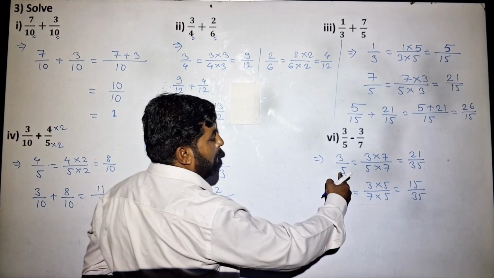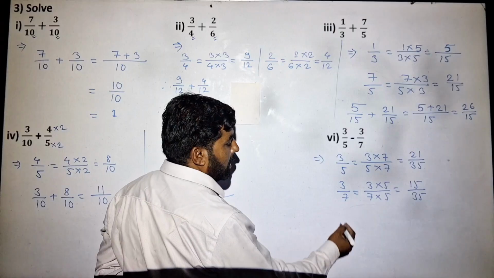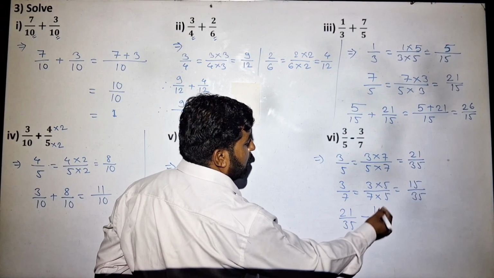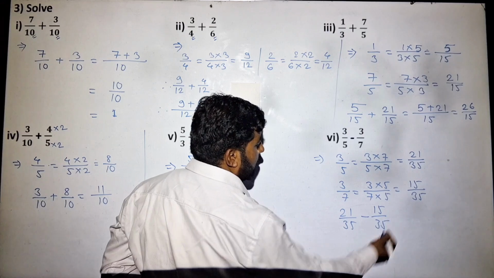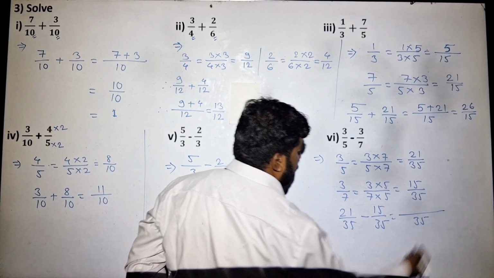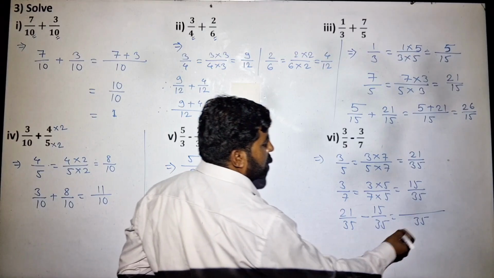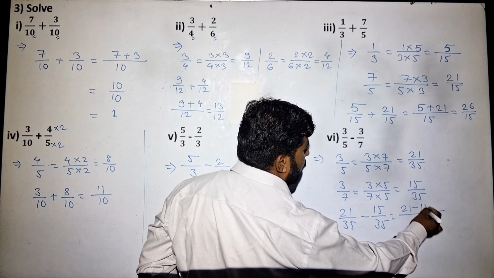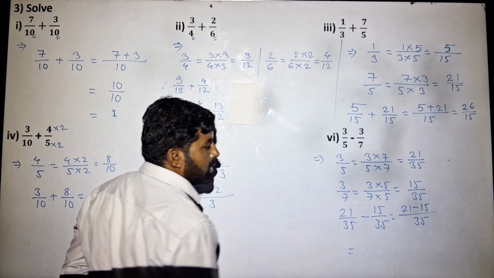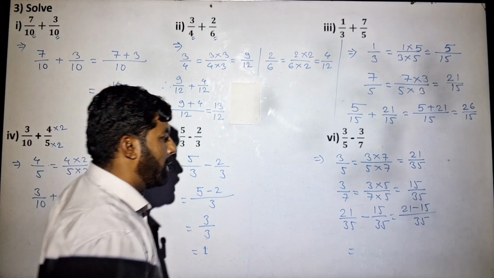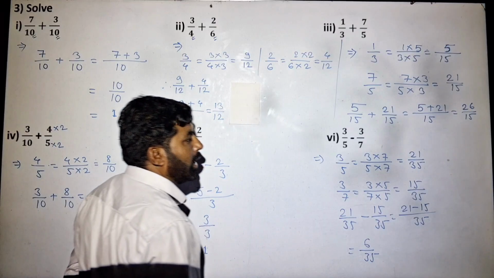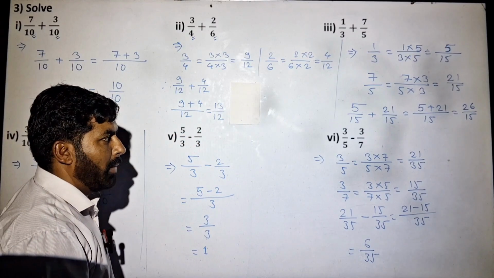Therefore, 3 by 5 minus 3 by 7 is 21 upon 35 minus 15 upon 35. Here the base is the same. Therefore, we subtract, 21 minus 15 is 6, and 6 by 35, we get answer 6 by 35.